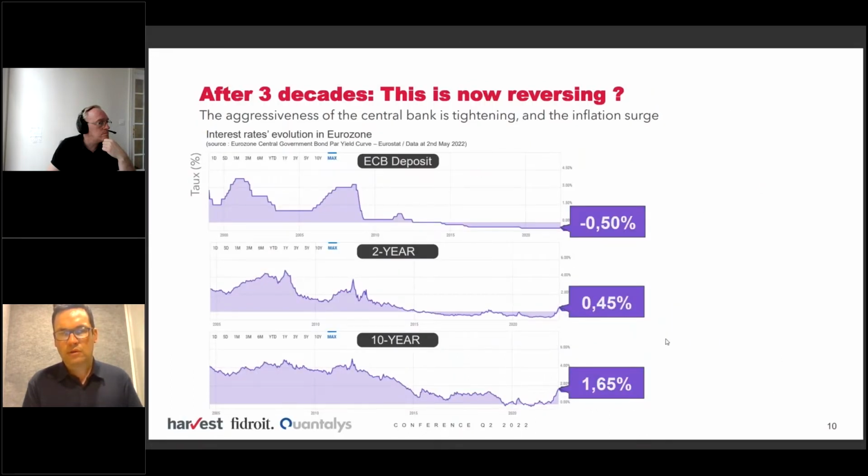Another impact, consequence and illustration of this new paradigm is interest rates. As you can see, after 3 decades of decrease, we have this new rise, and it's now reversing because of the central banks.